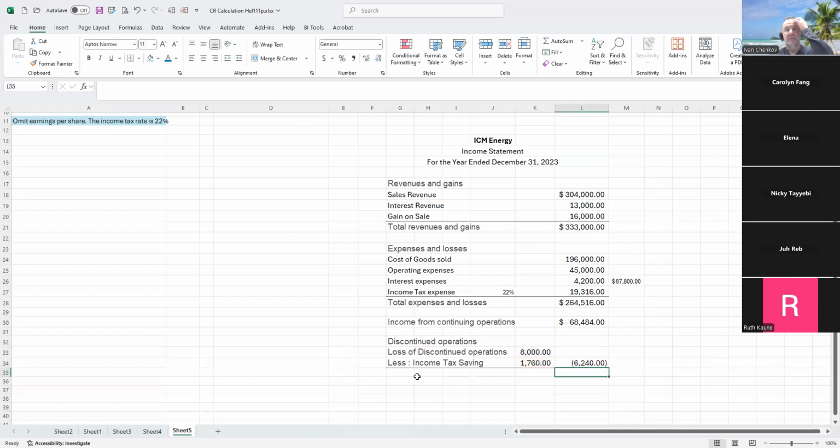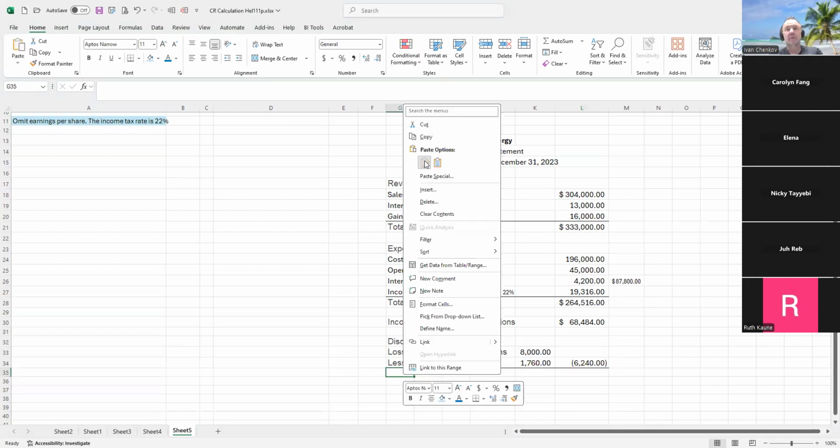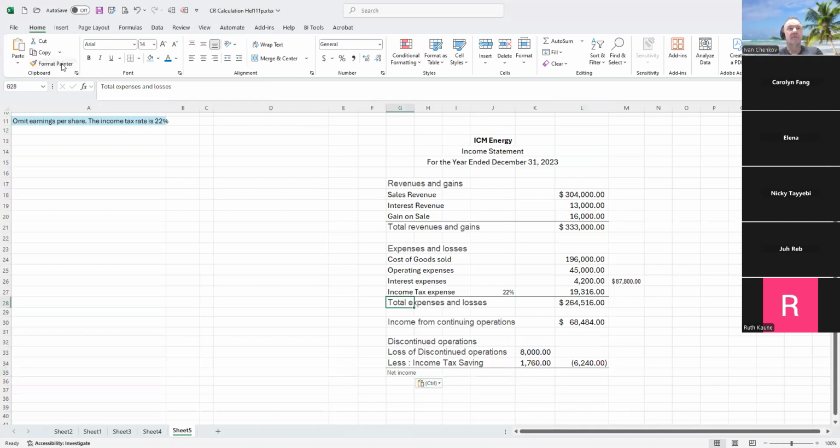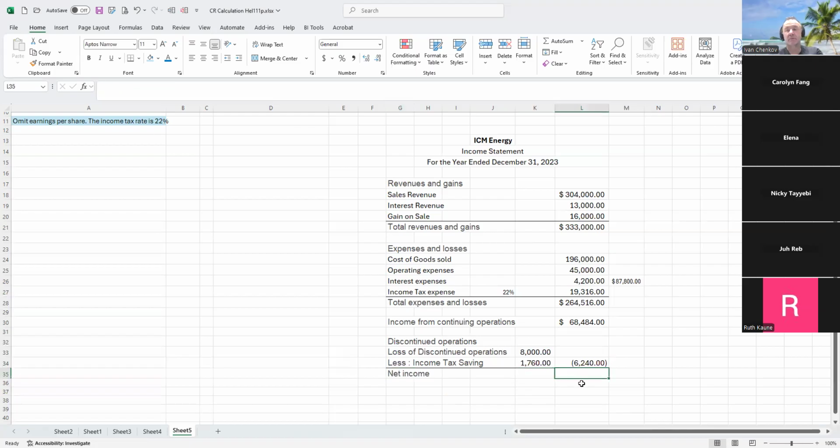And there we go. So how much is our net income? The net income in this case will be equal to the income from continued operation plus the loss from the discontinued operation, and that's how much our income will be.